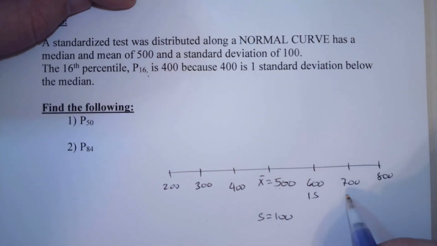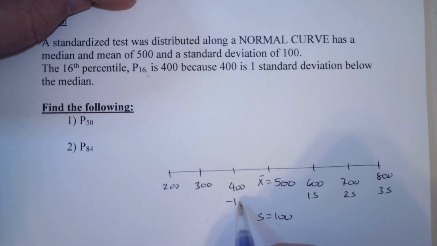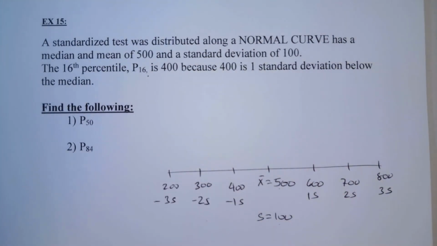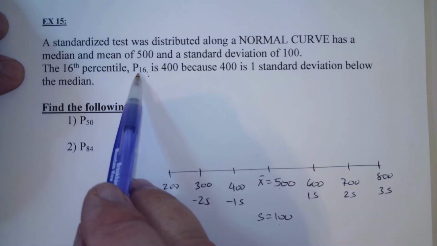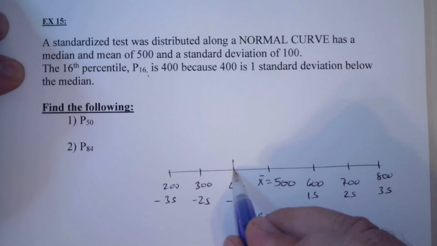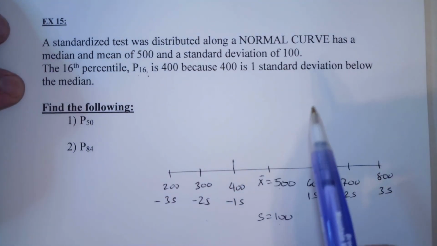So this is one standard deviation, two standard deviations, three standard deviations. Minus 1, minus 2, minus 3. The 16th percentile, P16, is 400, because 400 is one standard deviation below the median.